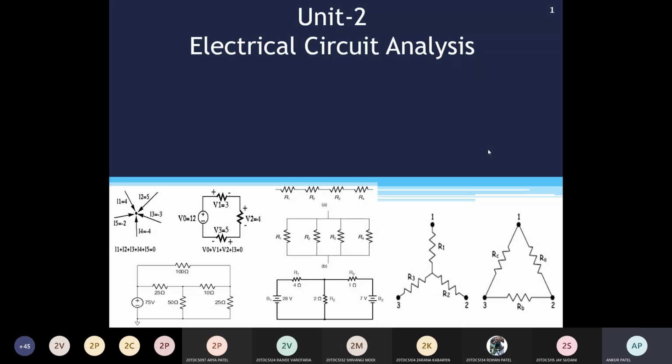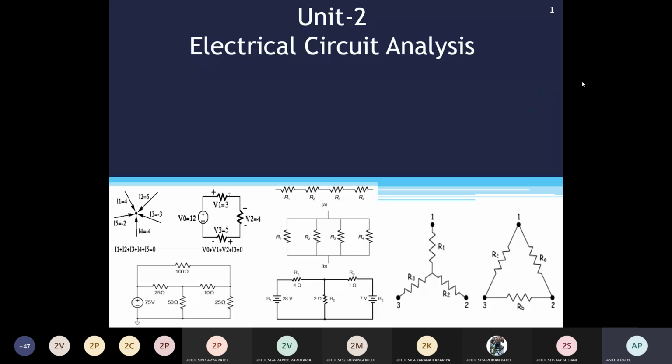Anyone want to add to the disadvantages? Suppose we are connecting electrical appliances of the same rated voltage of 230 volt in series, then what will happen? Suppose I have three bulbs, each rated 230 volt, connected in series.